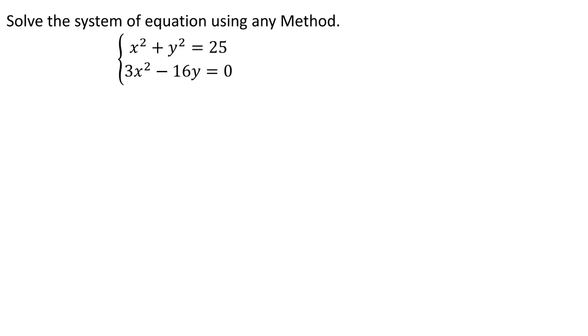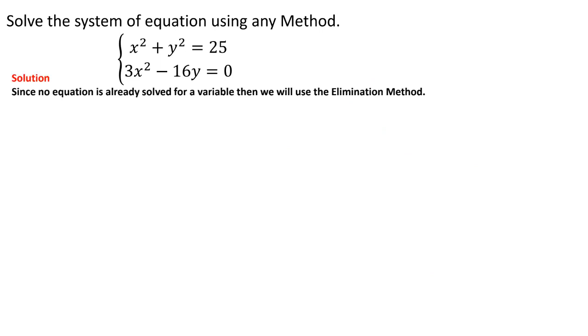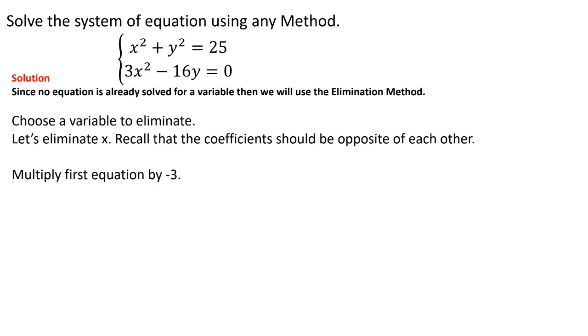So the method here that we could use is elimination or substitution. And I think I would want to get rid of the x's. So normally, if I have to eliminate something, I normally eliminate my x's. Okay, so here we have the first equation.